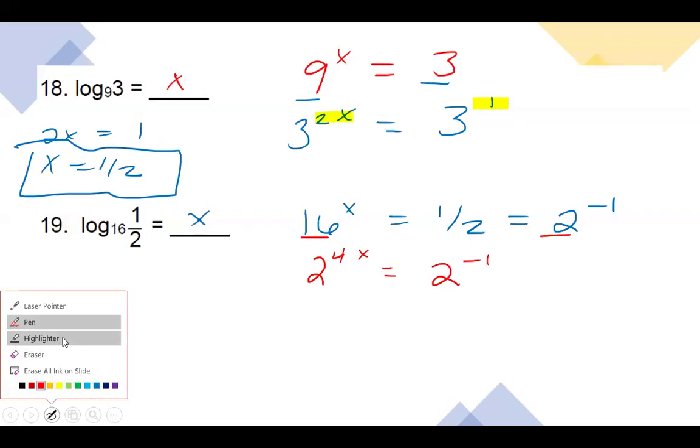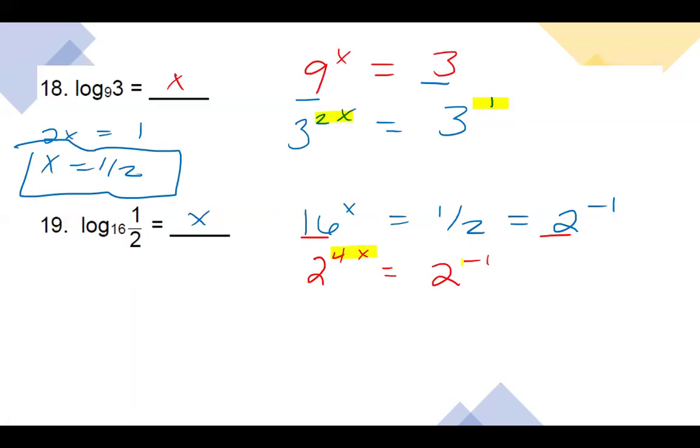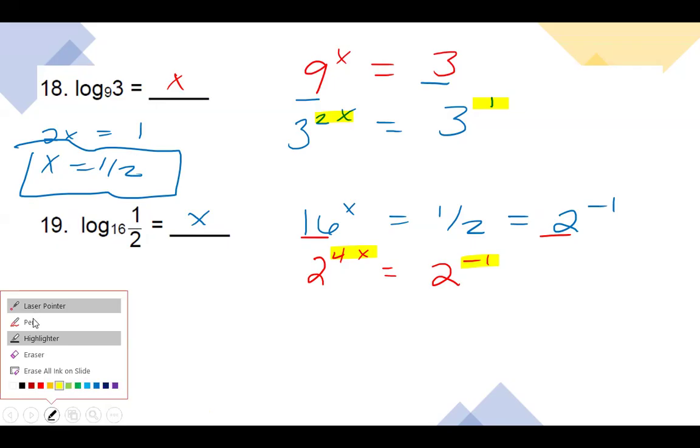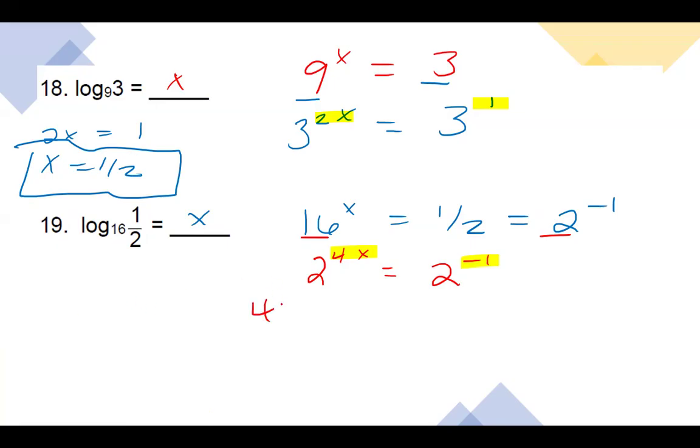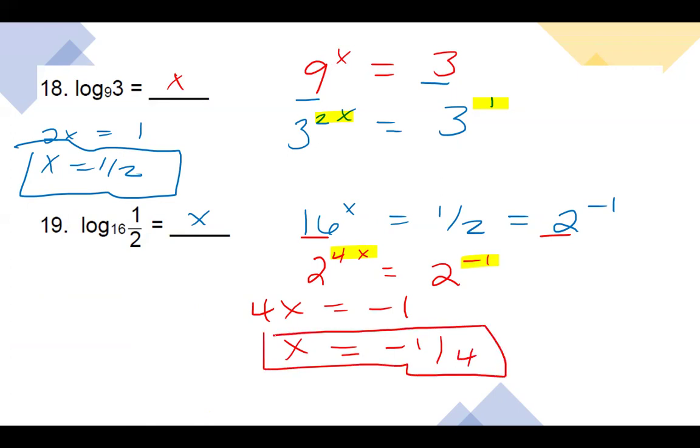Now that my bases are the same, to solve, I just have to focus on the powers. So we have 4x equals negative 1. What does x equal? Negative 1/4. And you did it all without a calculator. You're the human calculator.